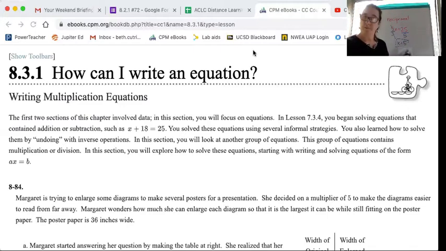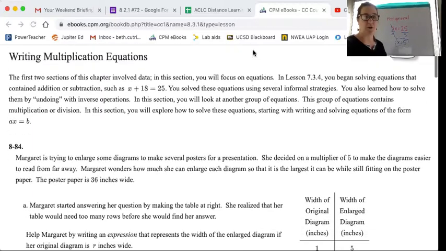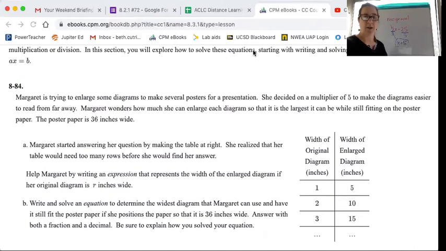So this is pre-algebra, and now we're going to move on to question 84 and talk about Margaret enlarging a diagram for her poster. So she has this table that has the original width of her graph, and she's going to call this R. I guess she's taking the R out of original.